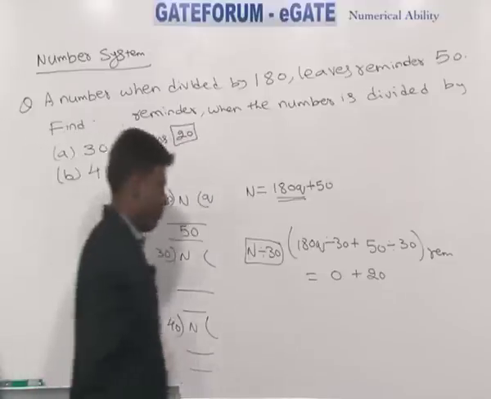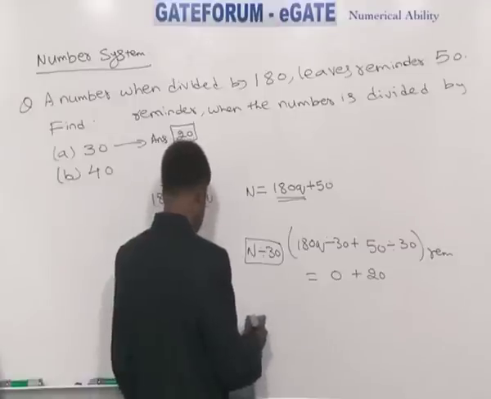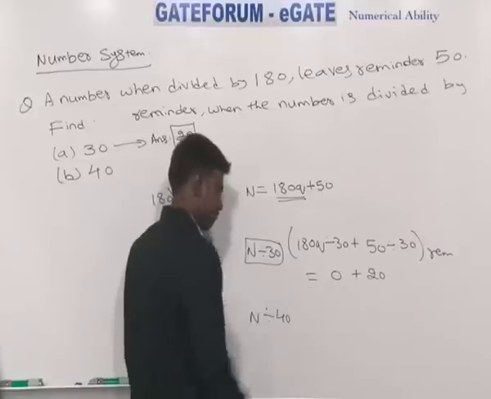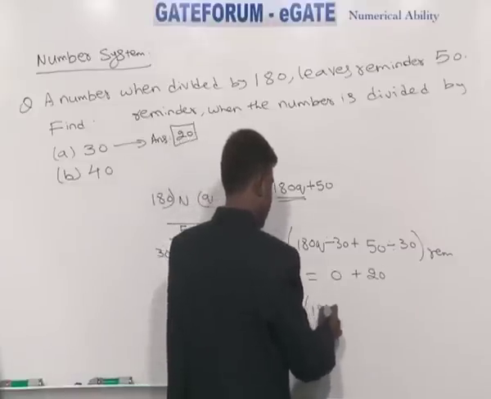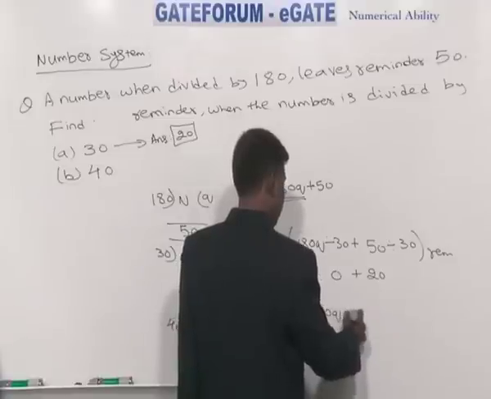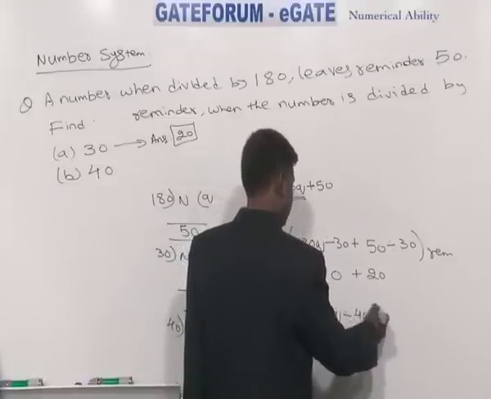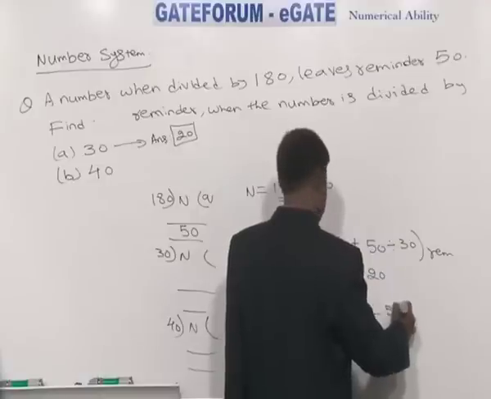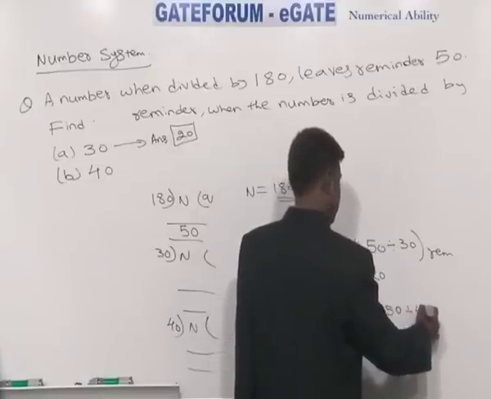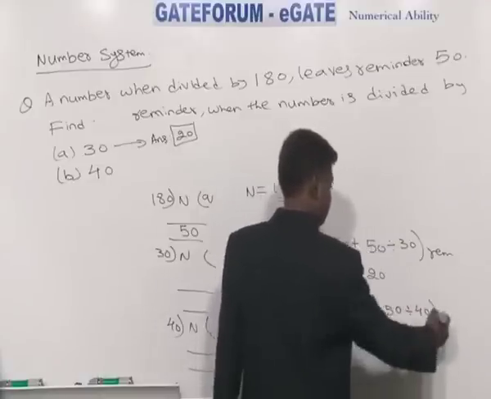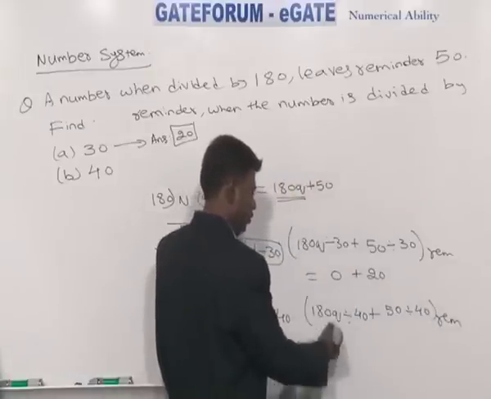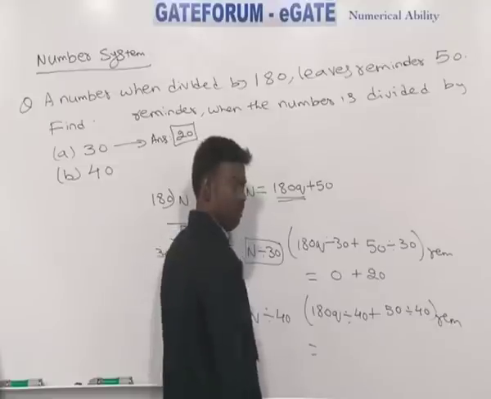Now let us consider B. If n is divided by 40, 180q when divided by 40, we want to know how much is the remainder. Similarly, 50 when divided by 40, you want to know the answer in terms of remainder. 180q when divided by 40, what is the remainder?